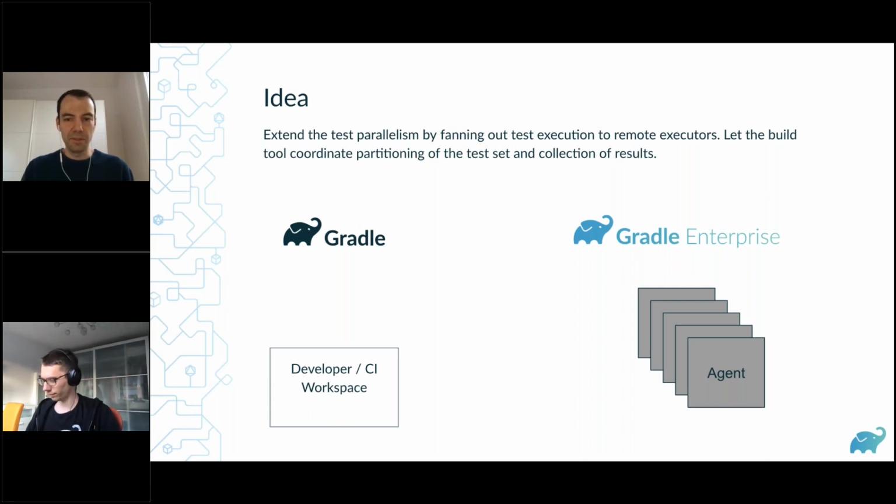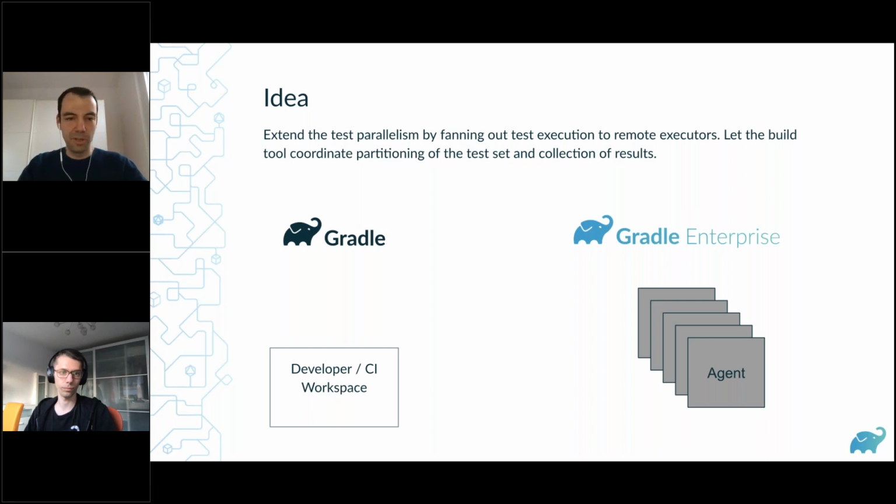So let me explain that picture below. On the left, we have a Gradle project that is checked out to a developer or CI workspace. On the right, we have Gradle Enterprise, which is an on-premise server application, and we have a couple of agents connected to it. So now we want to run tests.